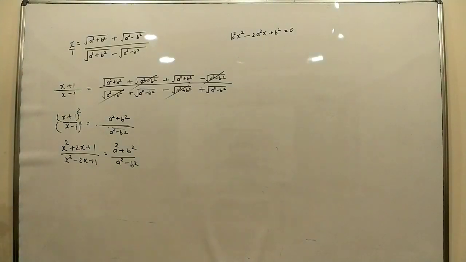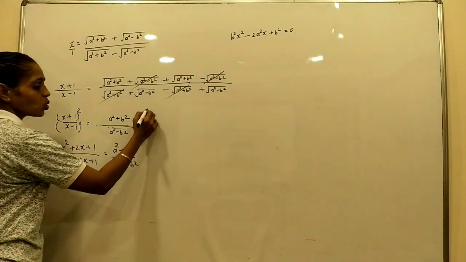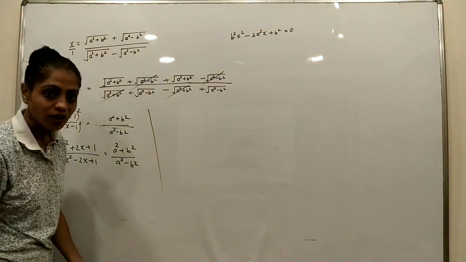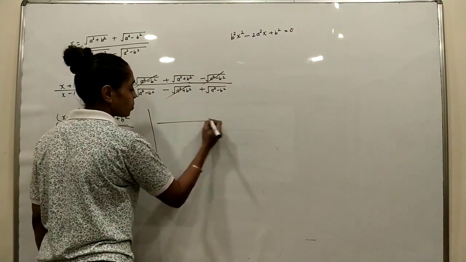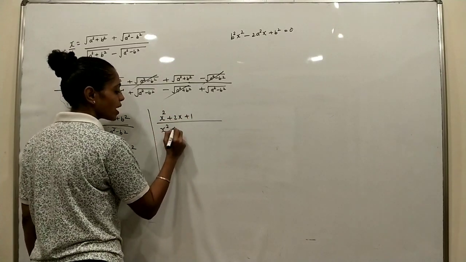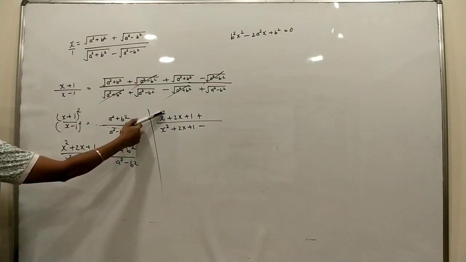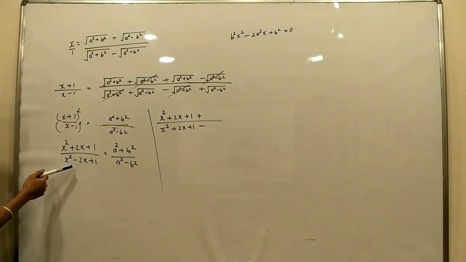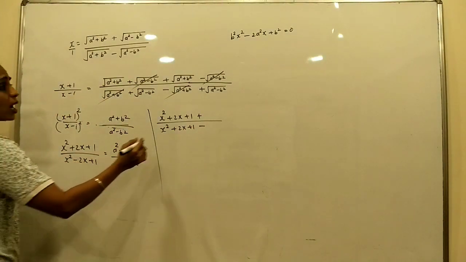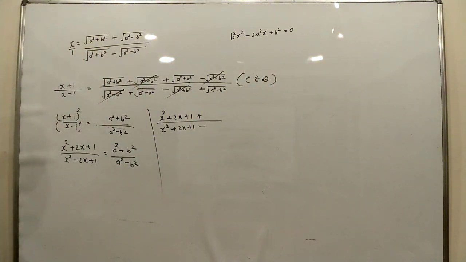Still numerator and denominator terms are the same, let's just change the sign. So componendo dividendo: numerator x square plus 2x plus 1, x square plus 2x plus 1, numerator plus denominator, write componendo dividendo in full words.